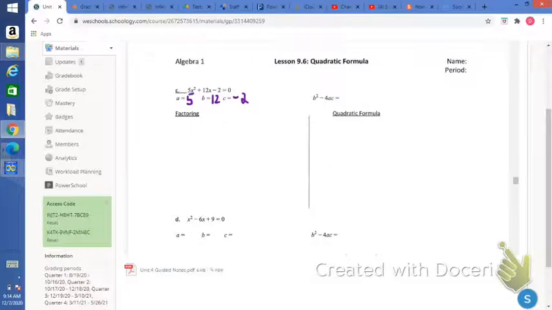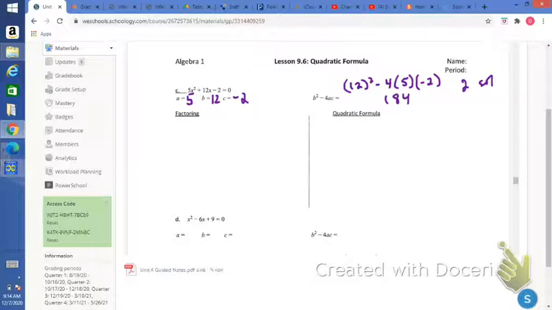B squared minus 4AC, so 12 squared minus 4 times 5 times negative 2. And when you put that in the calculator, you're going to get 184. Alright, so that's greater than 0, so we should get 2 solutions.